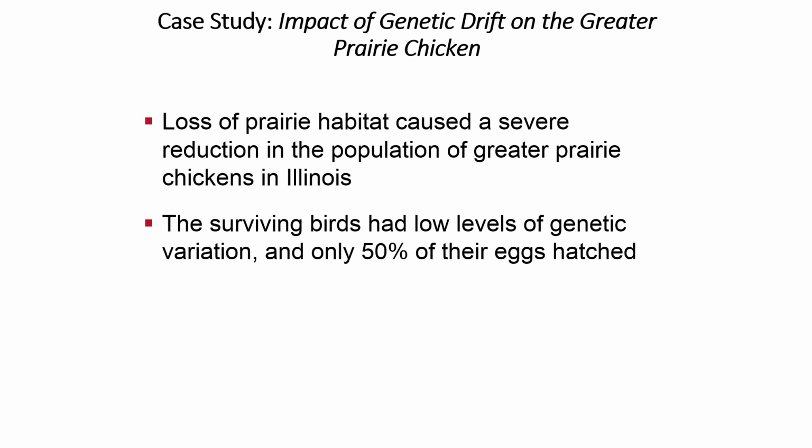So let's look at a case study involving genetic drift. Here we have prairie chickens, and looking at the loss of the habitat for the prairie chicken, and how this has changed the population structure of the greater prairie chickens in Illinois.